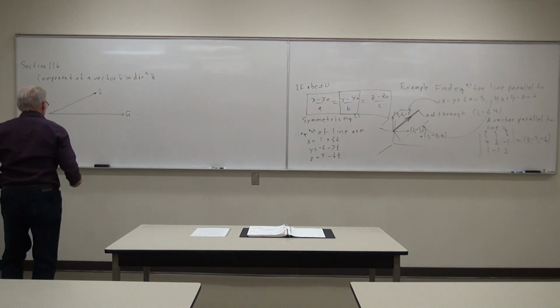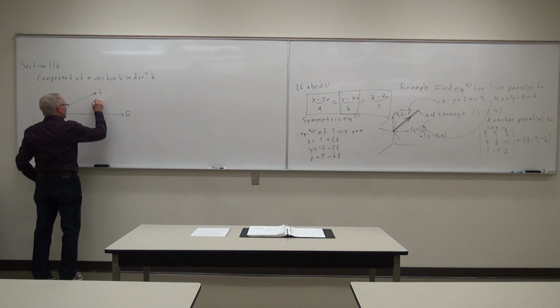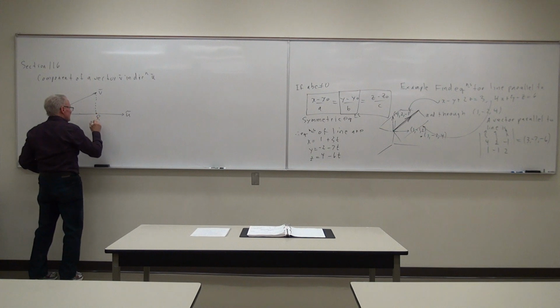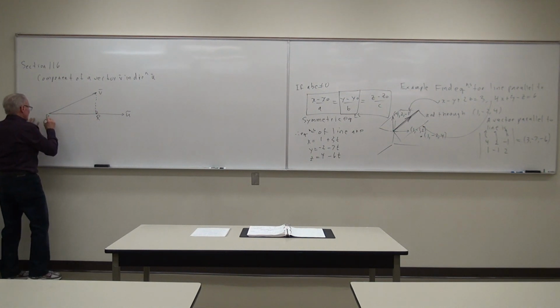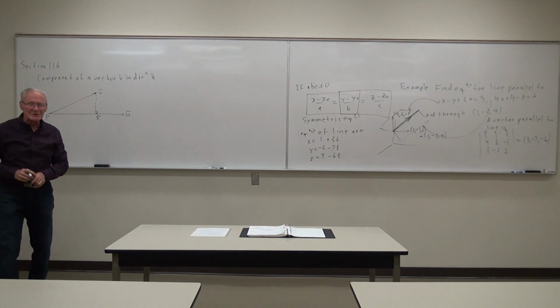What we do is we drop a perpendicular from v down to u. Let the foot of that be called R. Let's call this point P that we put the two tails at.